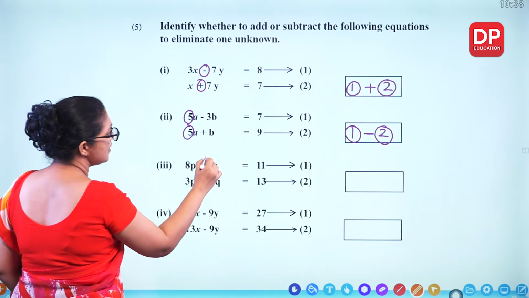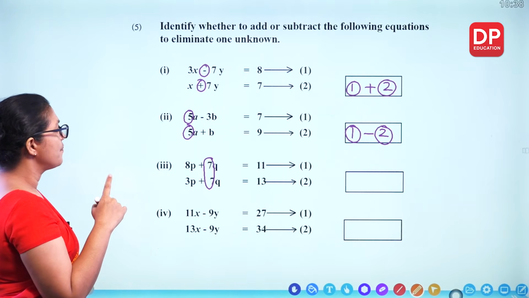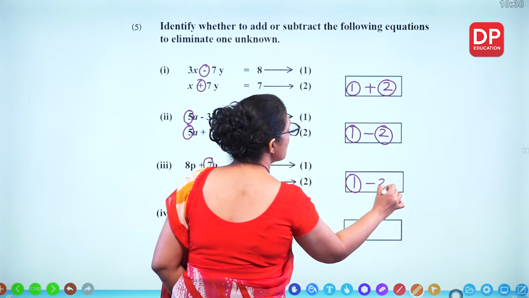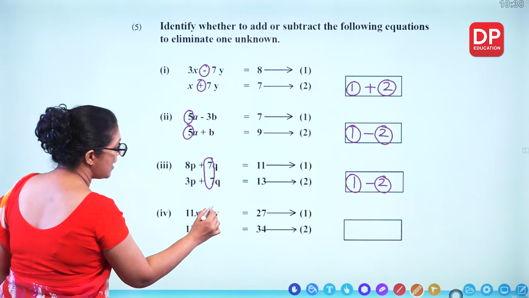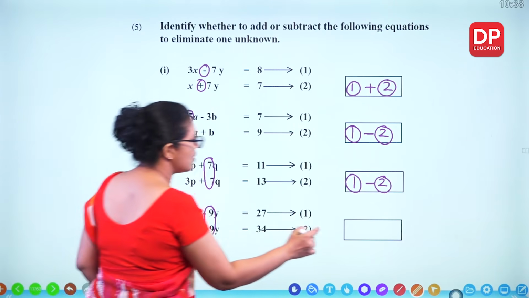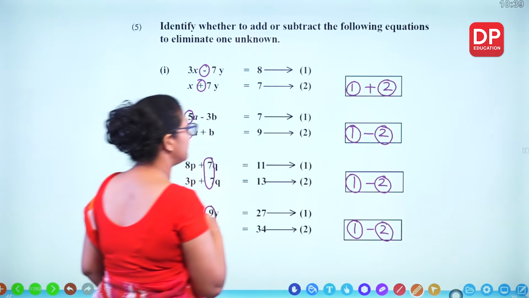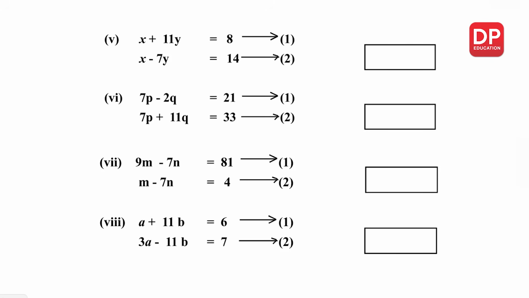This one, these are the equal coefficients, the q term. Same sign. Same sign, you have to subtract. And here, minus 9, same sign. You have to subtract the two equations. So subtract here as well. This one, which coefficients are equal?